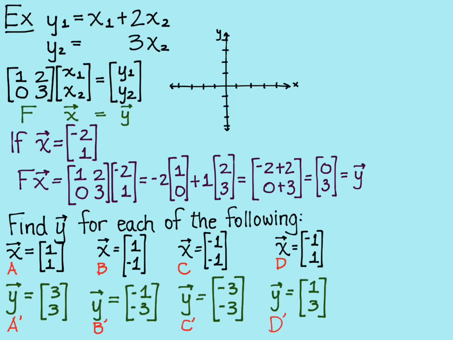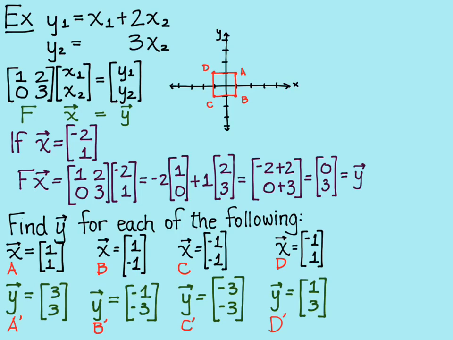So in other words, the point A is going to be at the coordinates (1, 1). B is going to be at the coordinates (1, -1). C is going to be at (-1, -1). And D is going to be at (-1, 1). And I can connect each of these points with a straight line. So notice that we get this cute little square with center at the origin.